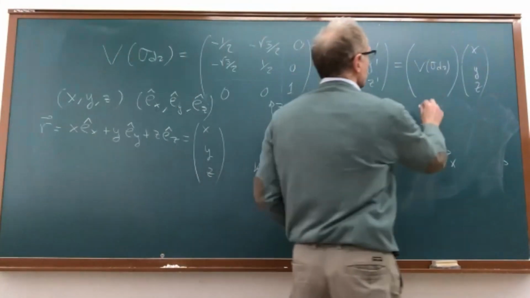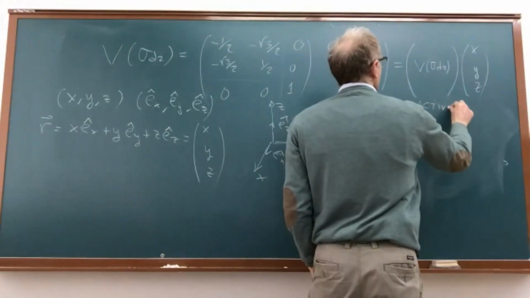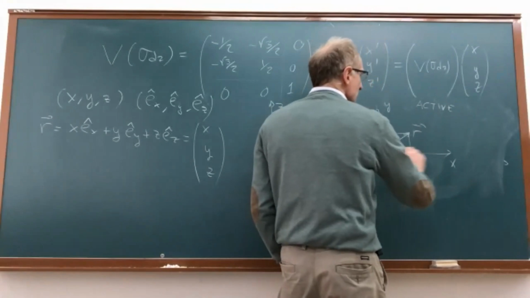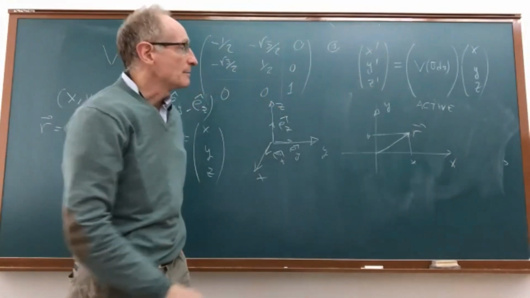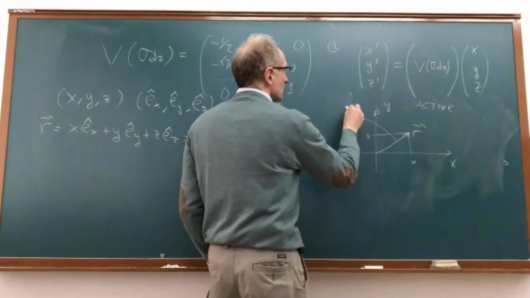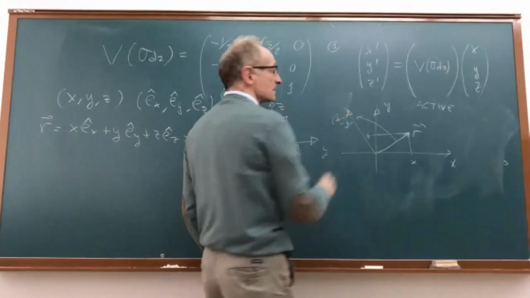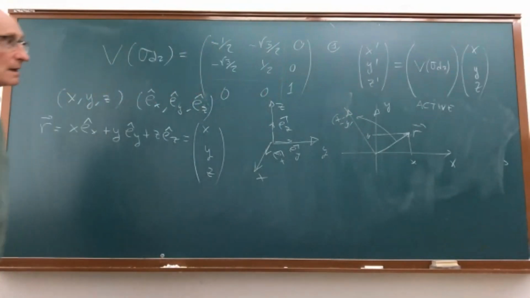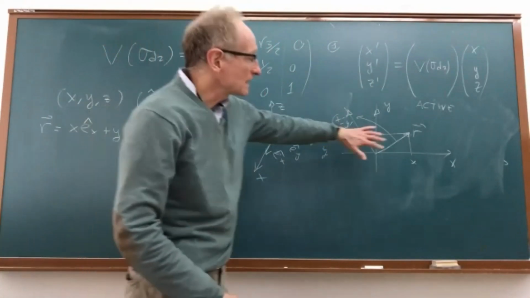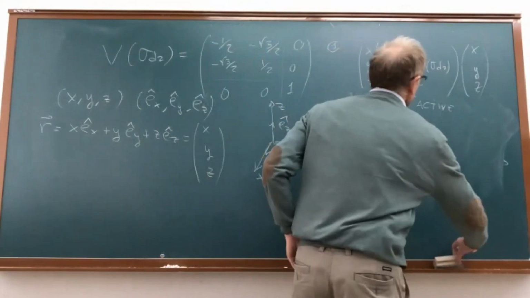In the active interpretation, I don't change the axis, I don't change the coordinate system, but I rotate the vector. Obviously, if I rotate the vector, the coordinates of the vector change. Okay? But I don't rotate the coordinate system.